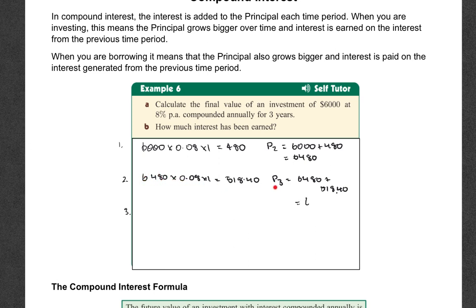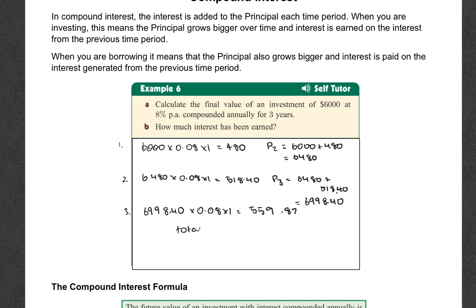So we've done that, and after 2 years we end up with $6,998.40. Now, rather than simple interest, which is back here just working with the 6,000, compound interest takes this new amount and puts that back into the formula. So we're getting interest on this extra amount of money.